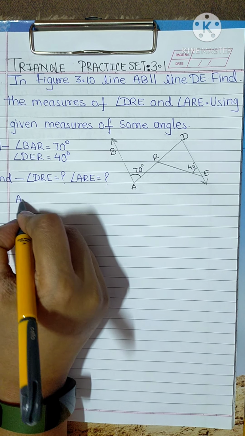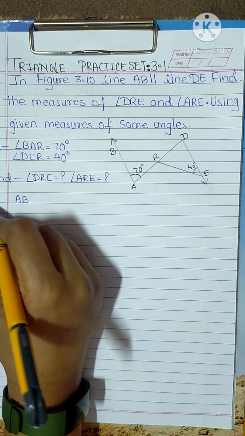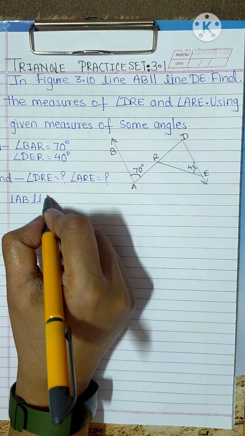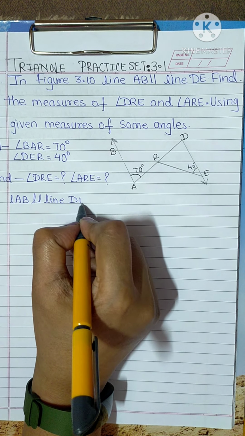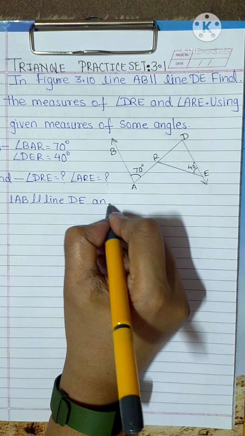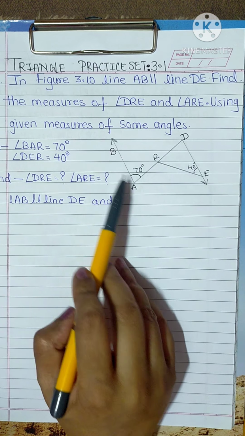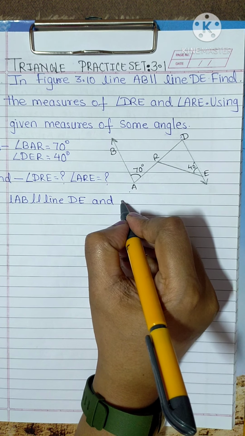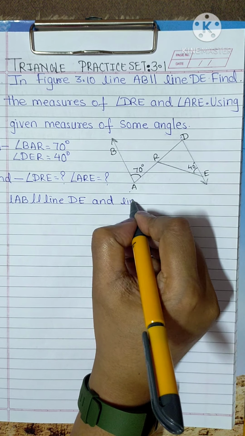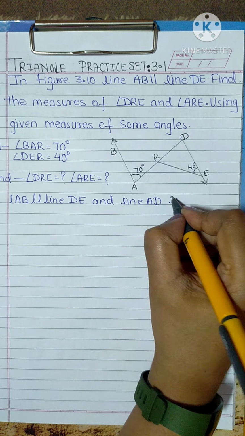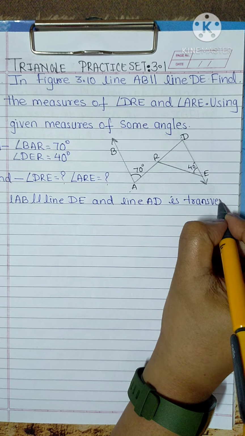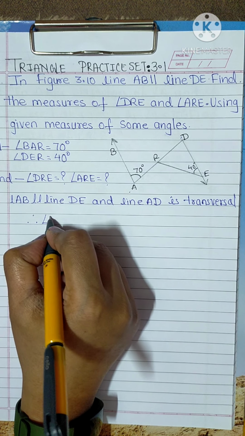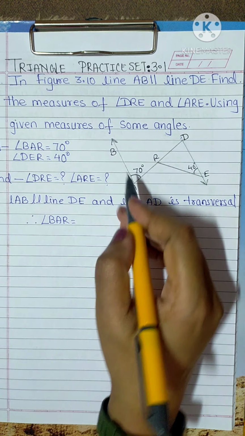And line AB is parallel to DE and line AD is a transversal. Okay, line AD is a transversal.